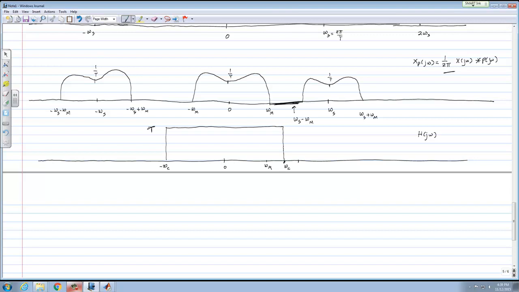It would kill all the replicas of X of j omega. It would scale my X of j omega by T, so that the 1 over T and T cancel out. I will get back my X of j omega essentially. If I got my X of j omega, that means I've gotten my x of t. It's just an inverse Fourier transform.